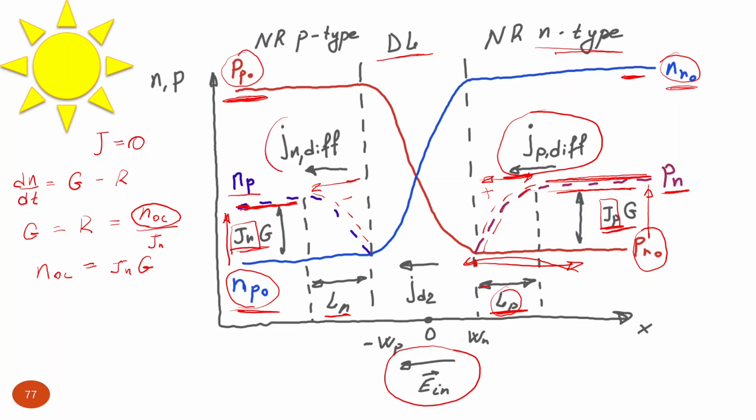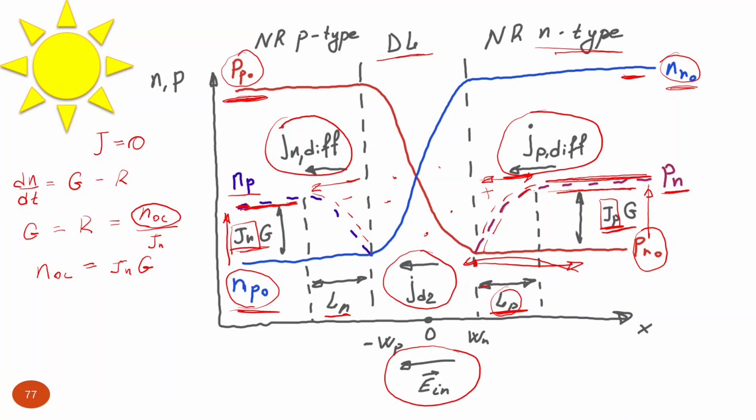Then we have diffusion current of minority non-equilibrium photogenerated electrons in the P-type region. And also we have drift current, because we also generate charge carriers here in the depletion region.